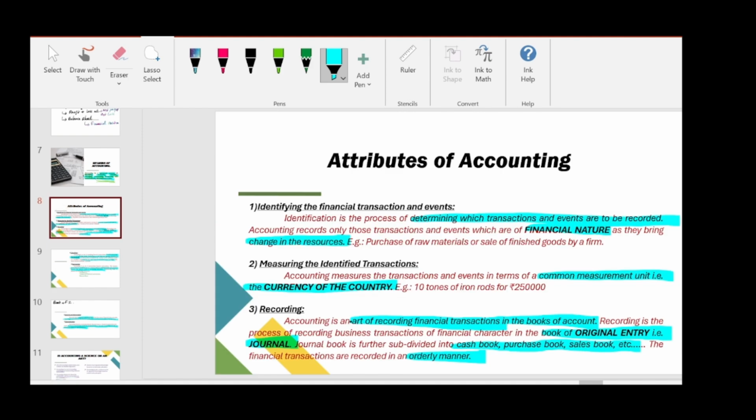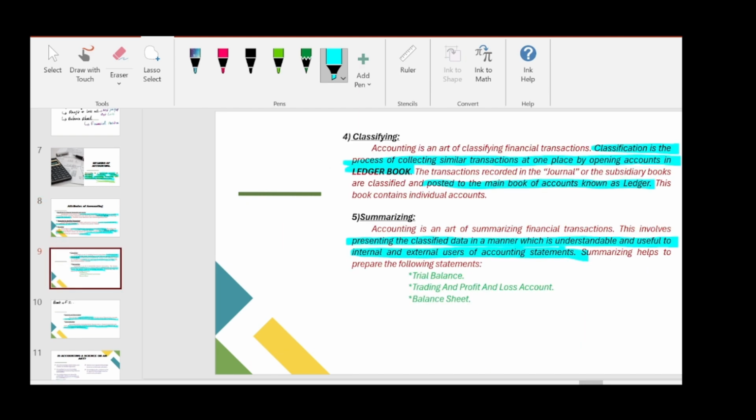And the next is attributes of accounting and process of accounting. So the first step is identifying the financial transactions and events. The second step is to measure the identified transactions. The third is to do recording, and the fourth is to classify the recorded transactions. Fifth is to summarize the classified transactions.